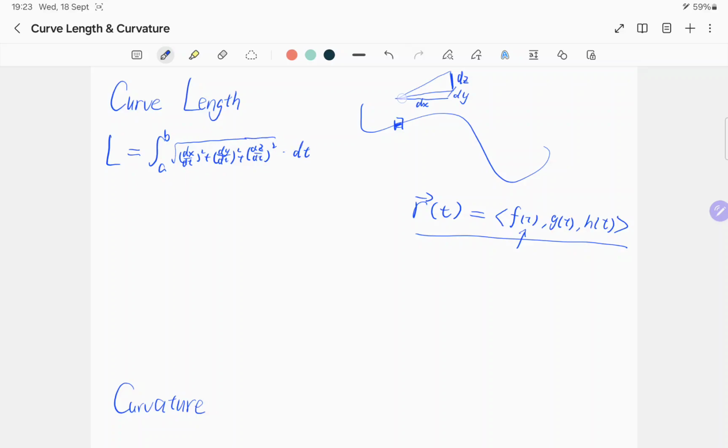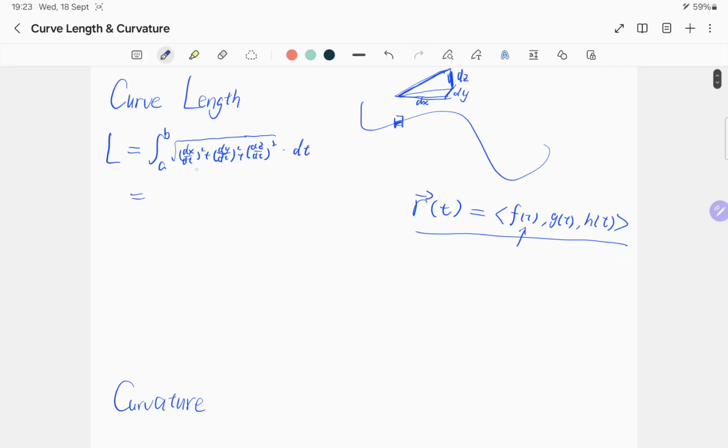And this represents the length at the change of dt. However, we actually know what those are. It is the integral of the square root of f prime squared plus g prime squared plus h prime squared, right?